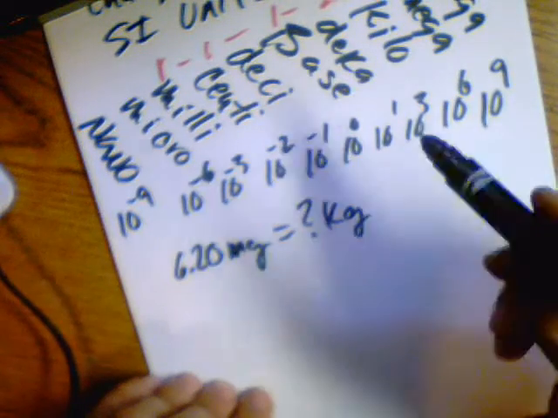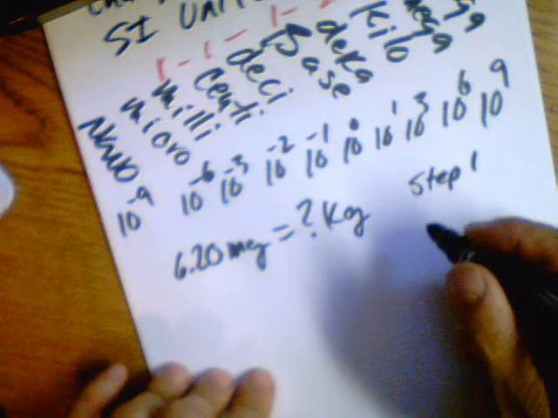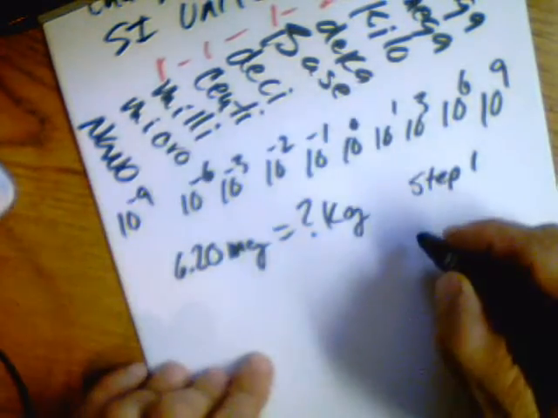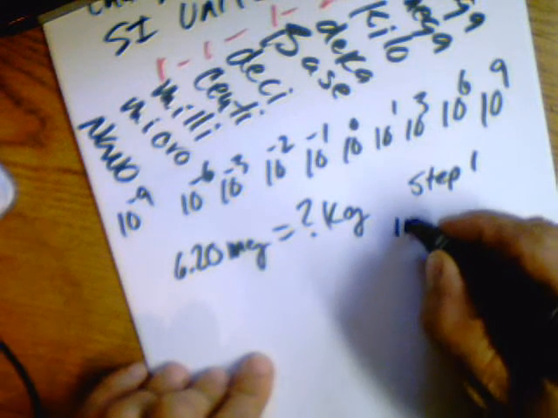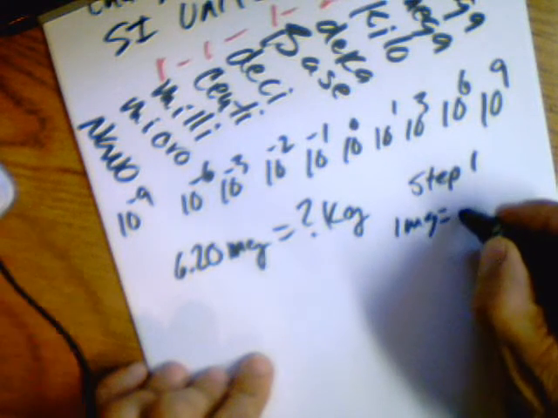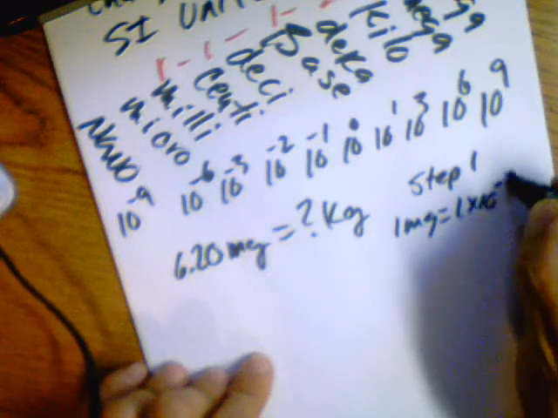So step 1: we're going from milli to base. Remember, grams are base. 1 milligram is equal to 1 times 10 to the negative third gram.